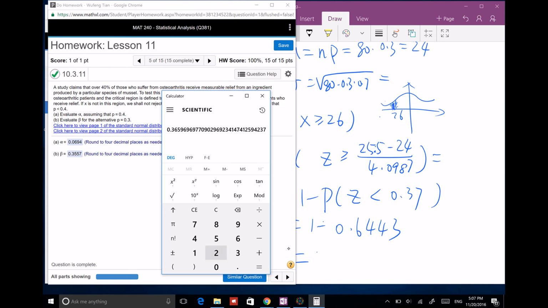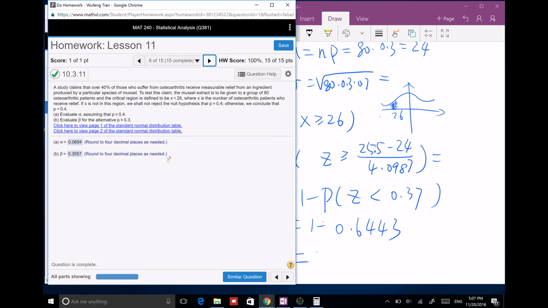Okay, so 1 minus 0.6443 equals 0.3557 for the second one. Okay, perfect.